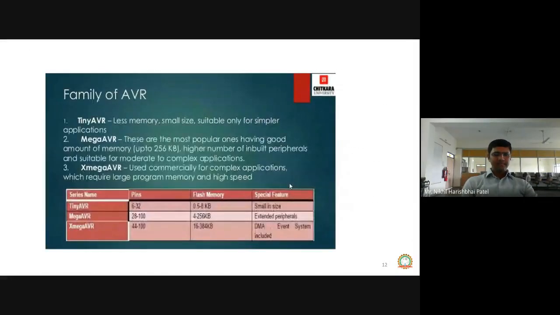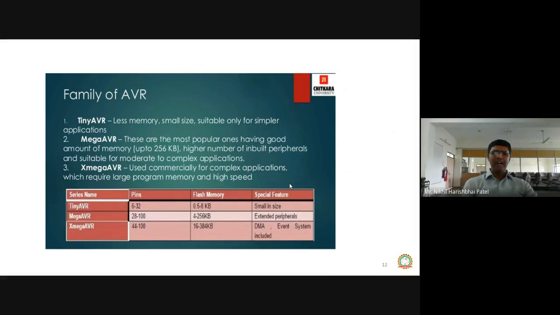There are some different families of AVR controllers: Tiny, Mega, Classic, XMega. The main difference between these families is the pin configuration. The pins are fewer in the Tiny family and more in the XMega family. Another is the flash memory. The size of the flash memory is very small in the Tiny family, and as we go further the flash memory size is very high.